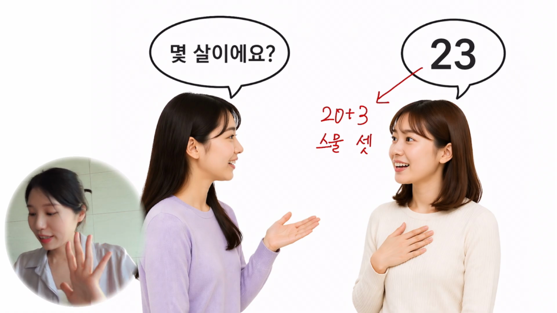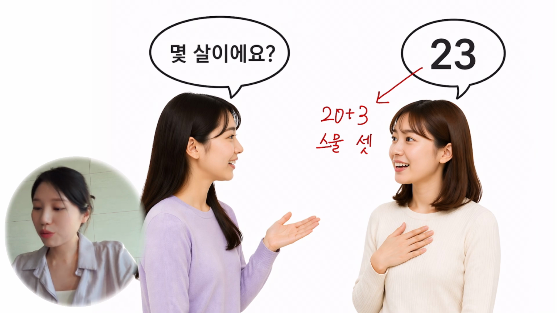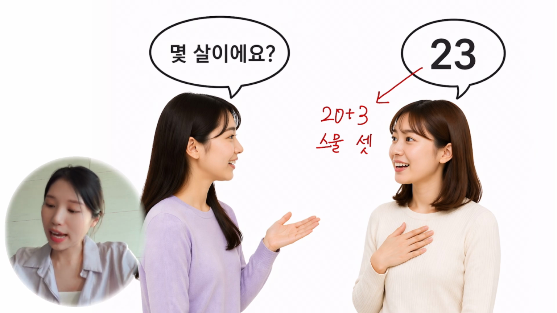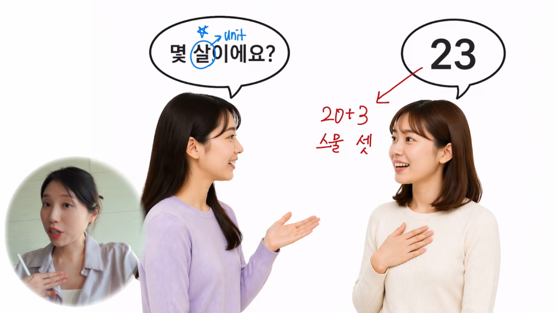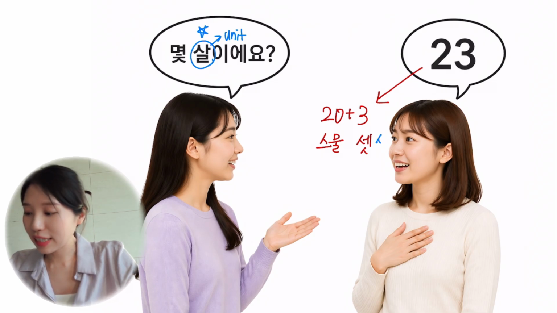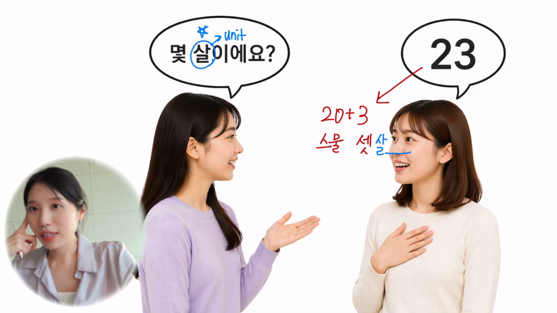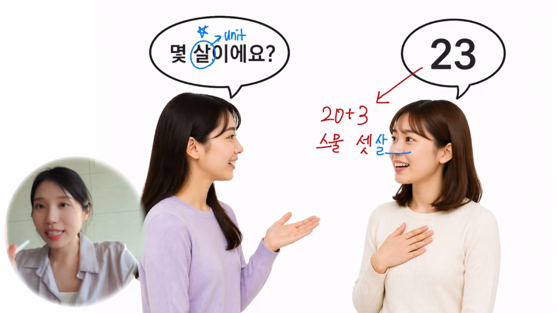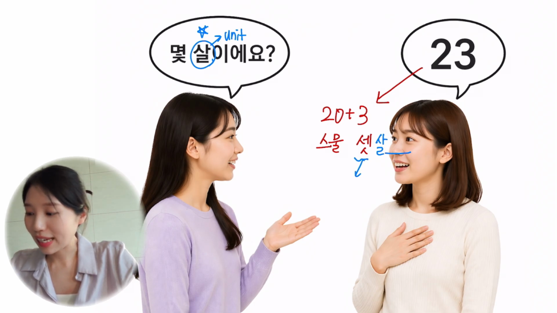스물셋. And here, let's add one more thing. This is the situation where we were talking about age, and she asked 몇 살이에요? This 살 is the unit of age. So, I'm 23: 저는 스물세 살이에요. When we say the time, like 3:10, 셋 changes to 세.